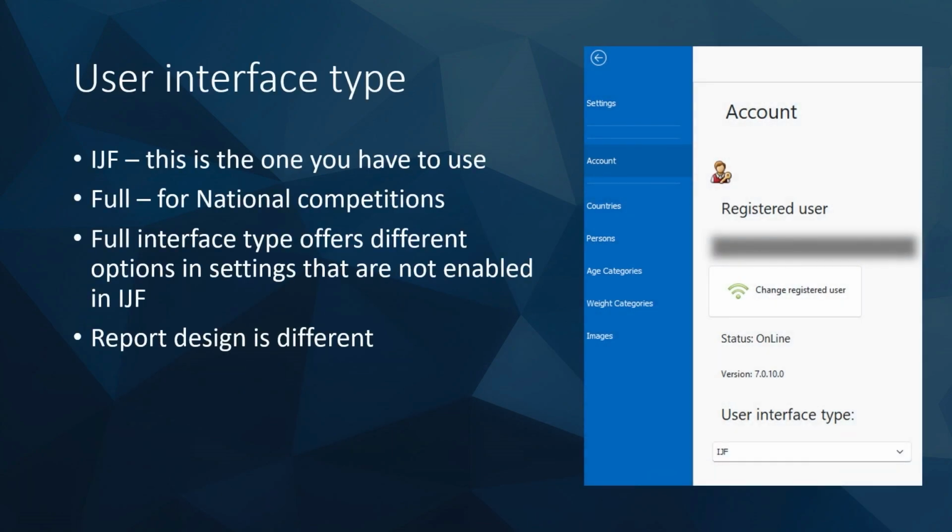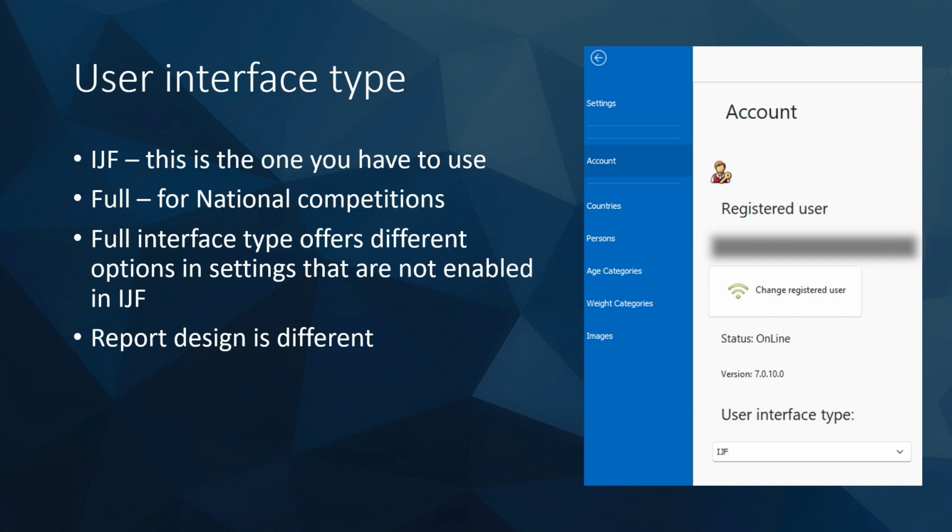Then there is another important setting. User interface type, we have two options, either IGF or full. IGF is the one you have to use. I will show you now in the program what the difference is in short.